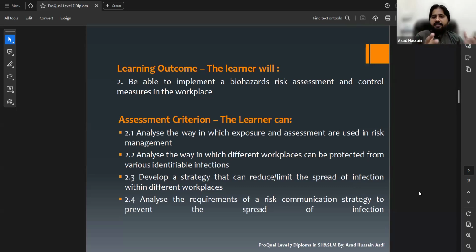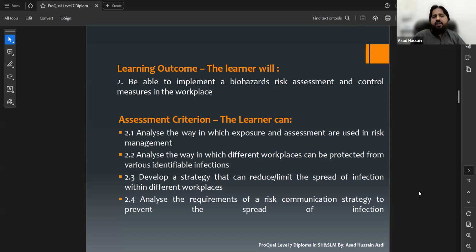Other than that, if healthcare workers or medical workers are working in a hospital, they can face these infections.